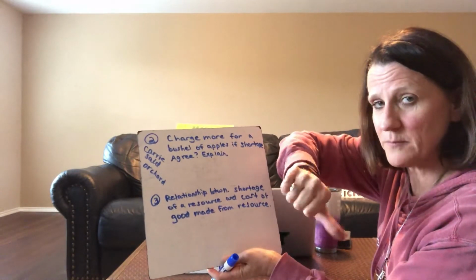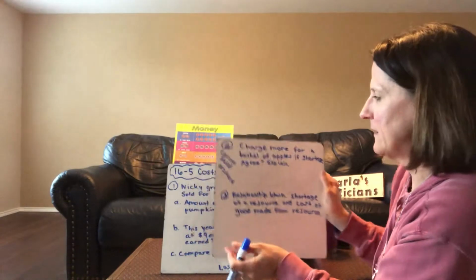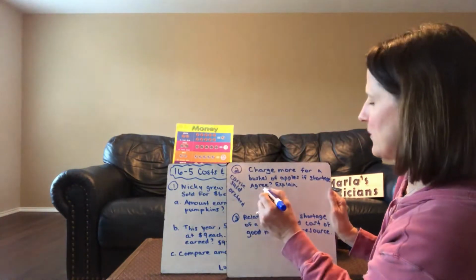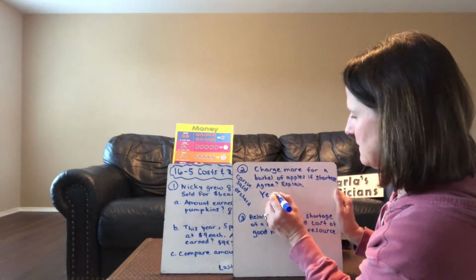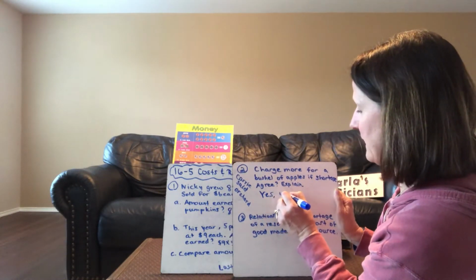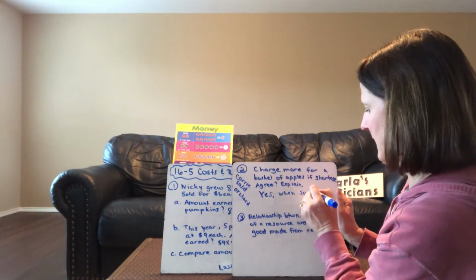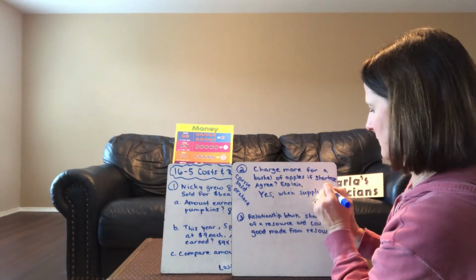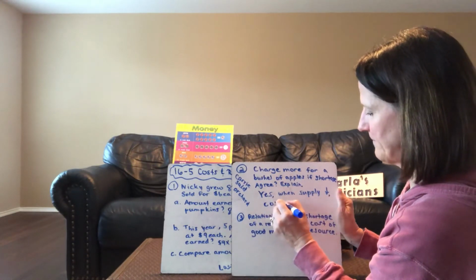So do you think the price should go up? Yes, you're exactly right. Okay? And so, yes. So when supply goes down, and we're gonna put an arrow, goes down, then the cost goes up.